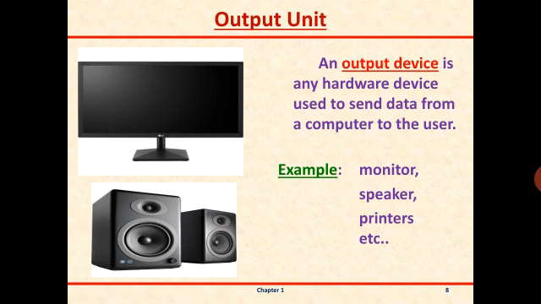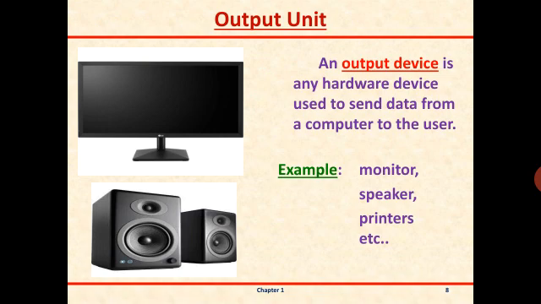Now we come across the last part in the block diagram, the output unit. See, we completed all the 3 subunits which are present inside the central processing unit, that is memory unit, arithmetic and logic unit, and control unit.